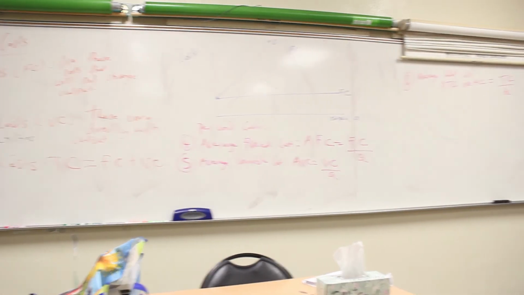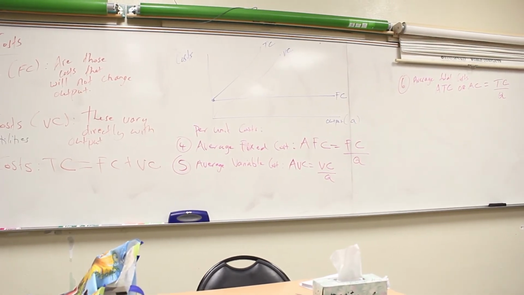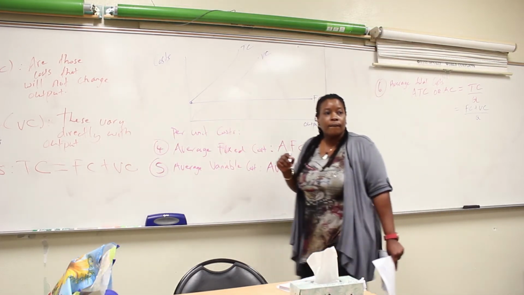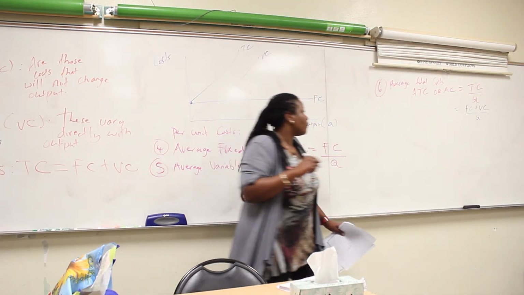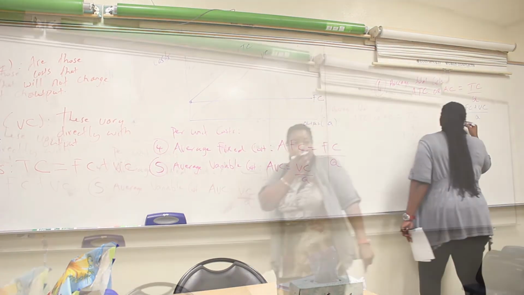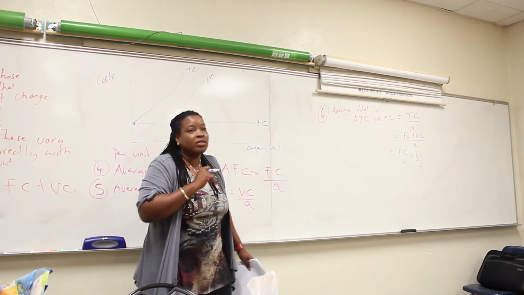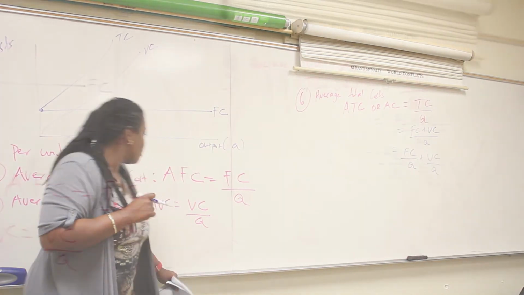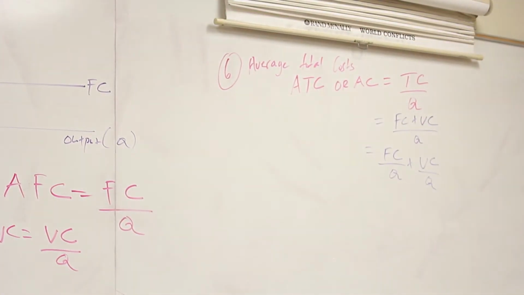What's total cost? FC plus VC. So total cost, we have it here. It's the same thing, right? What's FC upon Q? Average fixed cost. And what's VC upon Q? Variable cost.